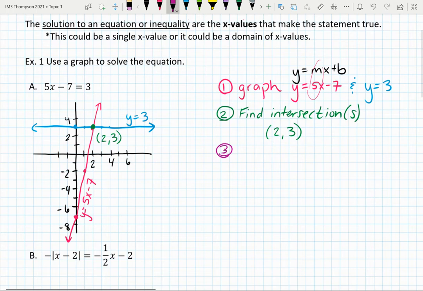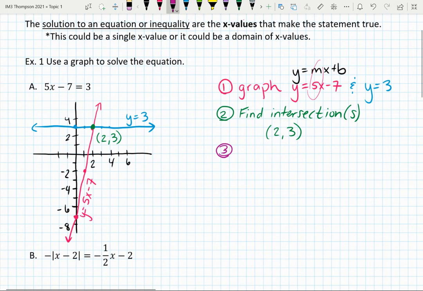Okay, so reminder, I took my original linear equation, 5x minus 7 is equal to 3. And I changed it to set y equal to the left side, y equal to the right side so that I could solve by graphing. So I introduced a new variable y. I'm not solving for y, I'm solving for x. So solution to an equation are the x values that make the statement true.